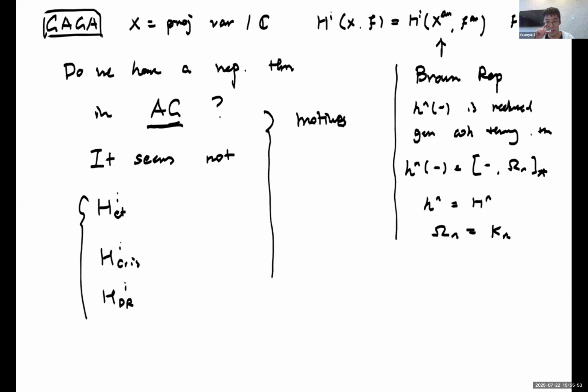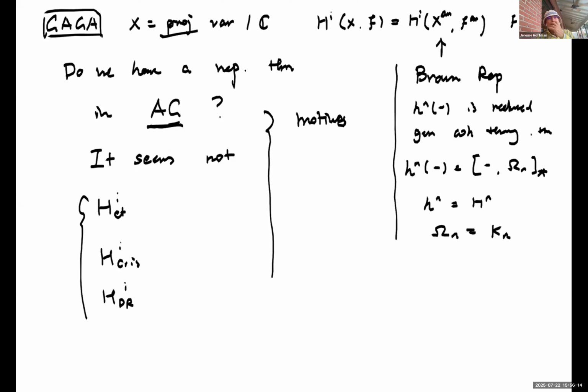It's holomorphic everywhere, but of course it has a very essential singularity at infinity. So GAGA is totally false for affine varieties. It's very crucial to understand that the GAGA theorem is a theorem about complete or projective varieties.